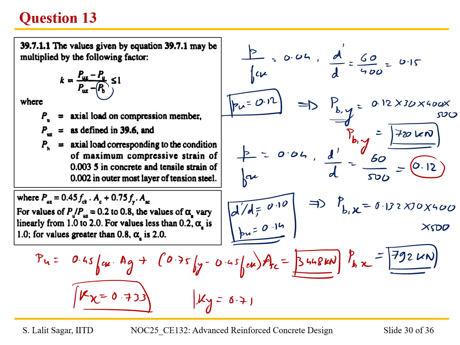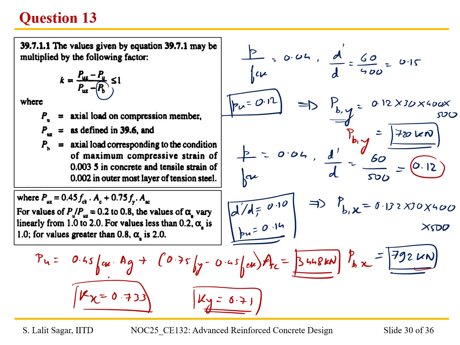Okay, so it is not at all complicated. Just substitute PUZ as 3448, and PU is 1500. PUZ is again 3448, and PB for X, substitute the value as 792.